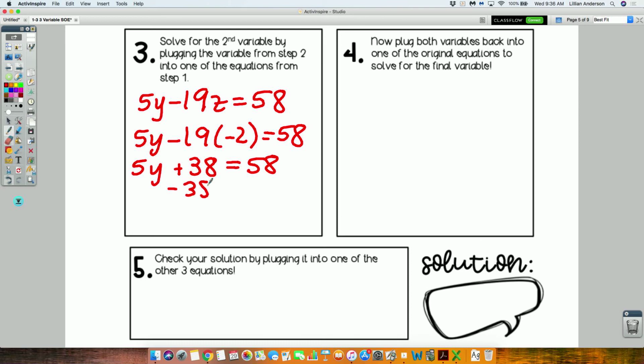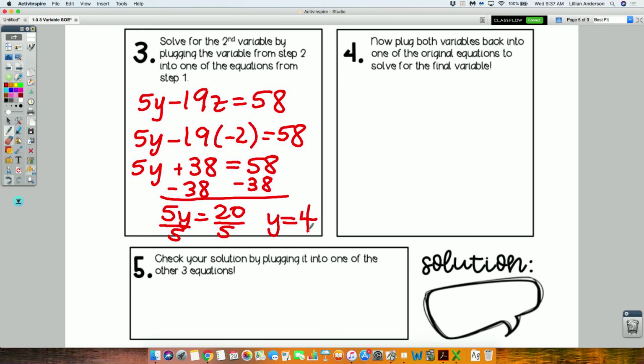Gonna subtract 38 from both sides, which gives me 20, and then you divide by 5. So y equals 4. That was step 3.